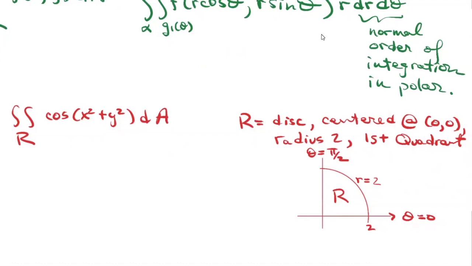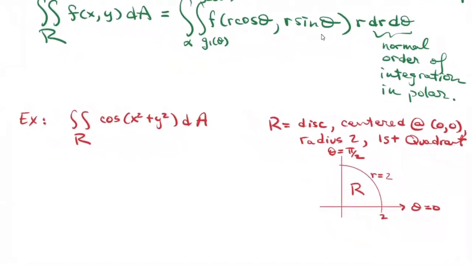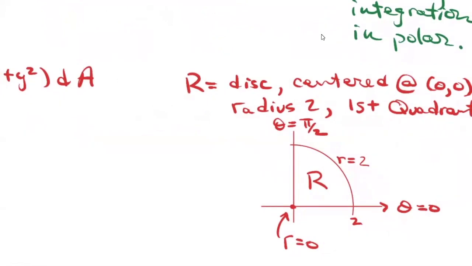Okay. Now there's not an inner curve. If you want, the inner curve is a point. It's r equals 0. And I'm going to think about those slices I was talking to you guys about. So I'm going to do slices coming out from the origin, like that.